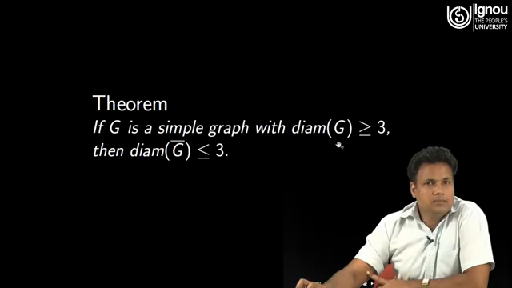Now this means that G has at least two vertices, say U and V, which are at a distance of 3, and we shall use this pair to conclude that the diameter of G bar cannot be more than 3.